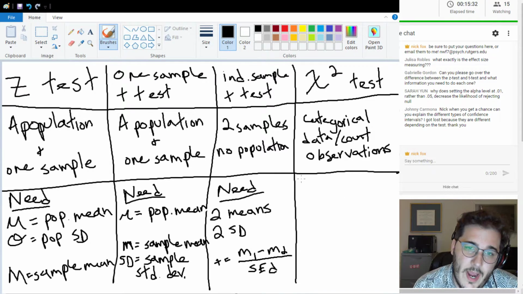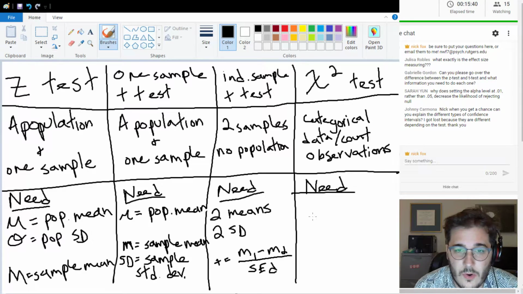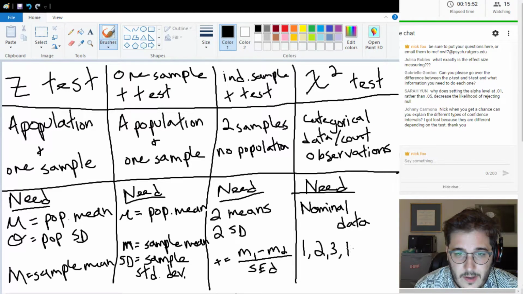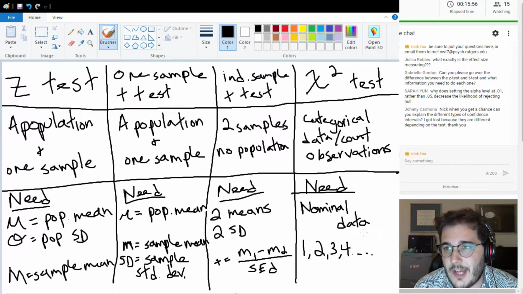For chi-square, when you're going to use a chi-square, what you need is categorical data. Not just categorical, you need nominal data. So this is things like 1, 2, 3, 4, blah, blah, blah. No decimals or anything. You're counting like a whole person.